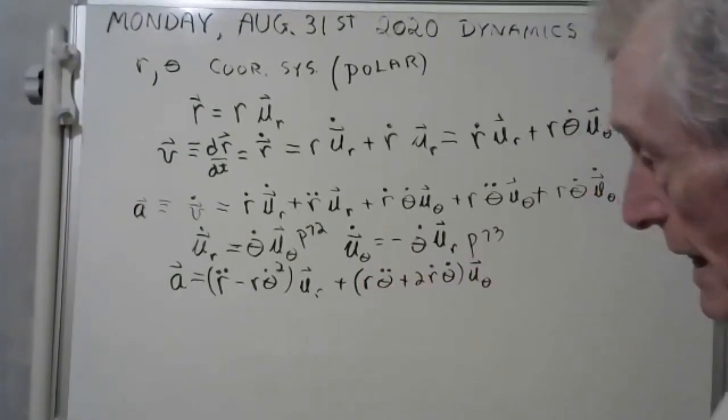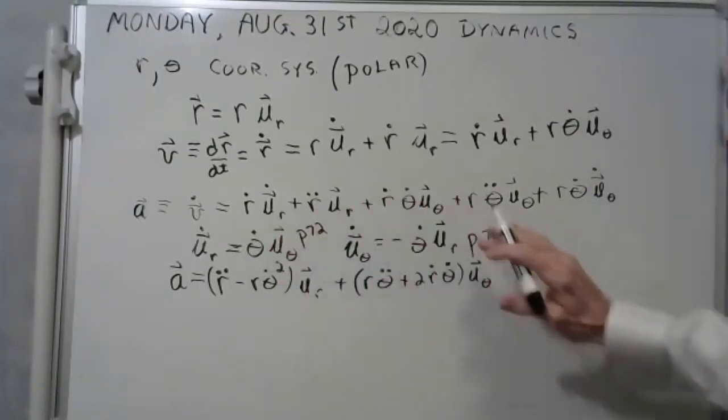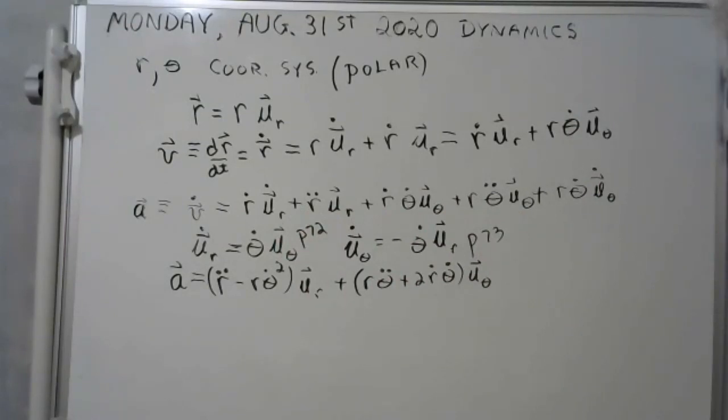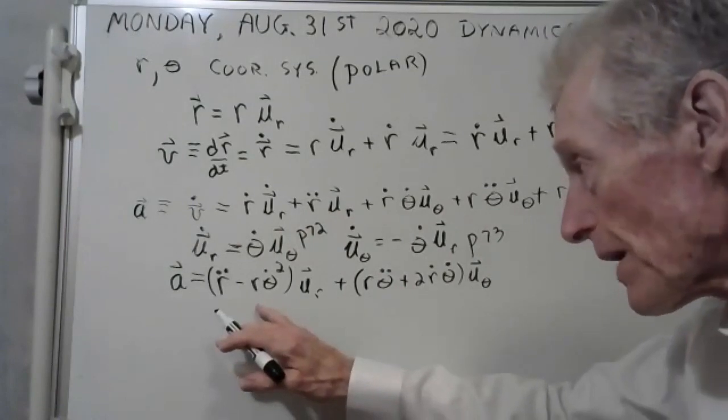There you have it. This is what you'll get if you substitute these into this equation and combine the terms that are the same. And you can find these in the flap of your book.